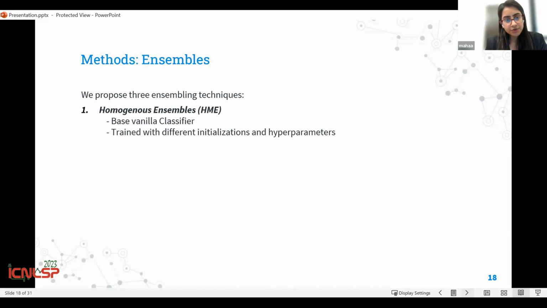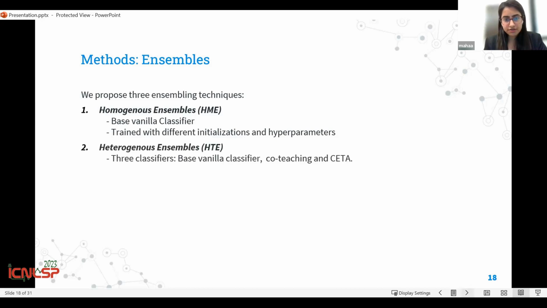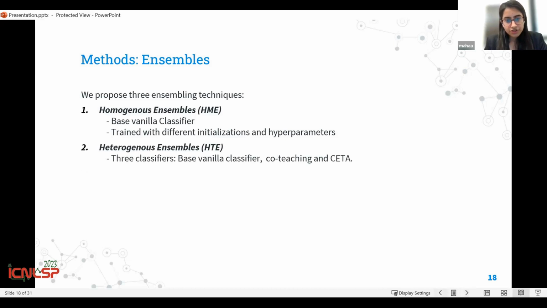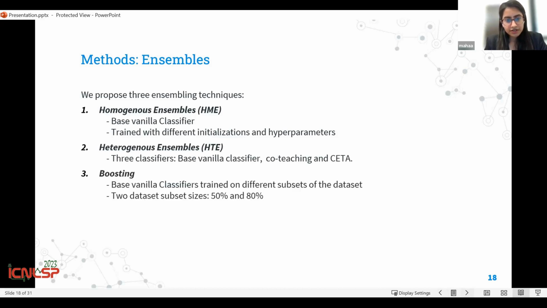More specifically, we propose three ensembling techniques. The first one is homogeneous ensembles. This involves taking the base vanilla classifier, training it on the same data set, but each classifier is trained with different initializations and different hyperparameters. The second one is heterogeneous ensembles, which involves combining predictions from multiple classifiers.